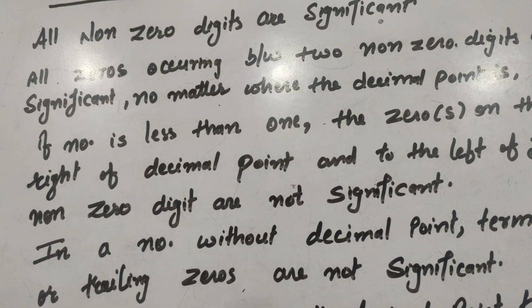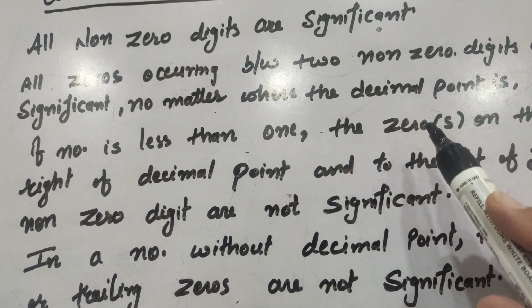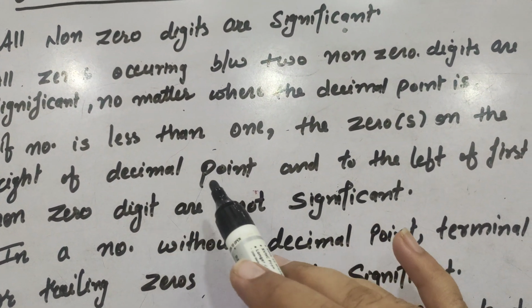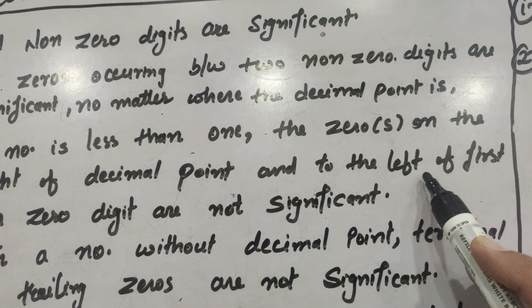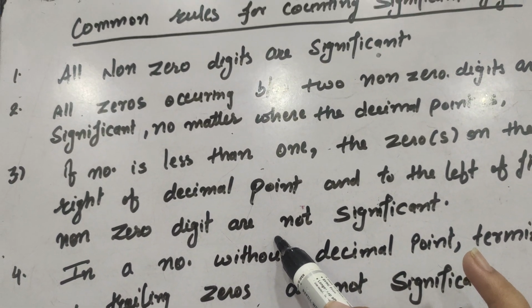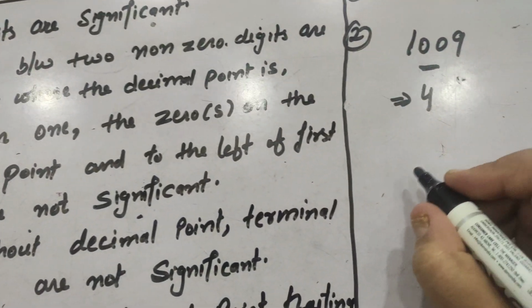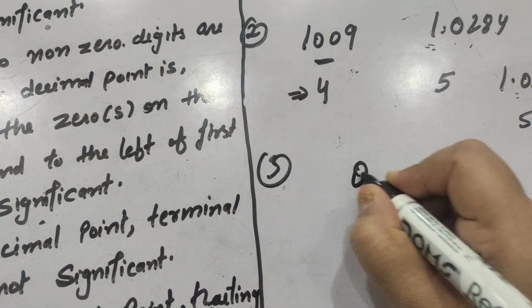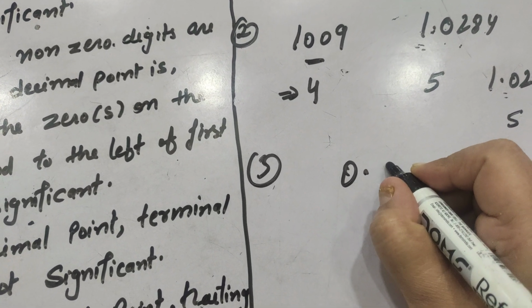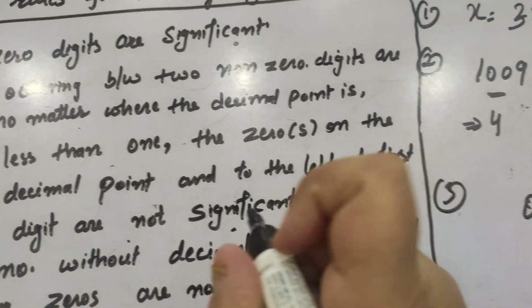The next rule: if the number is less than 1, the zeros on the right of the decimal point and to the left of the first non-zero digit are non-significant. If the number is less than 1, let us suppose the number is 0.1234. This number is less than 1.